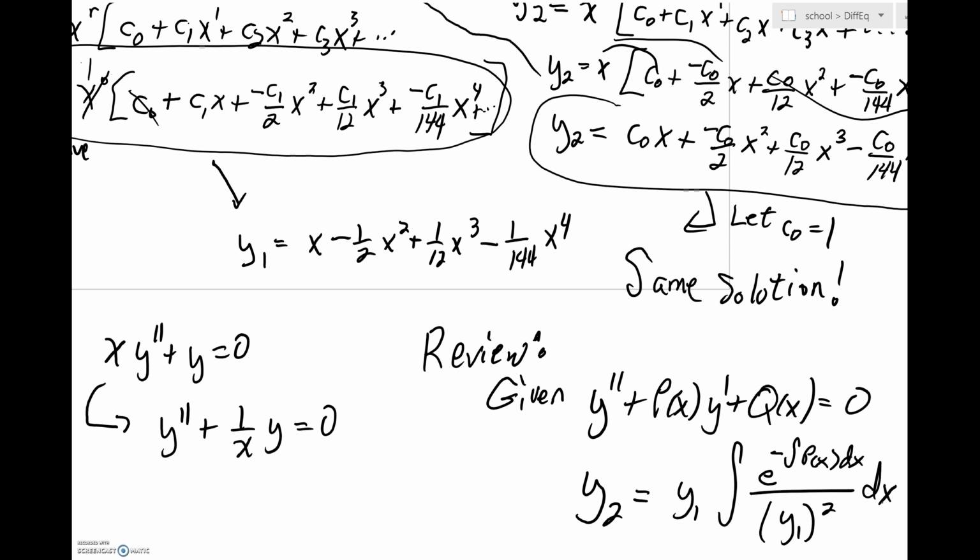We're going to get a second solution. I hope you can see this is y double prime plus 0 y prime plus 1 over x y. That means p equals 0. And that's going to help out tremendously. But we're going to have to work this thing out. And we're going to need Wolfram Alpha to help us do that.